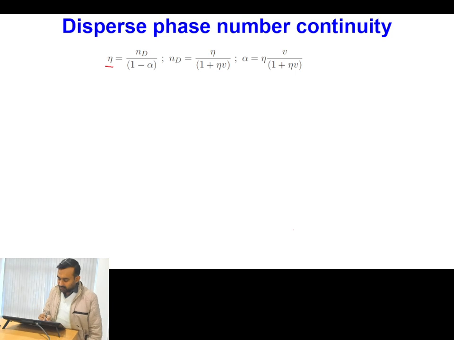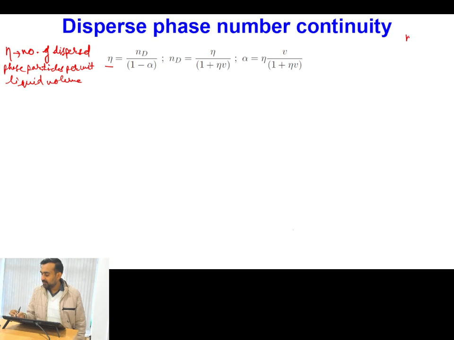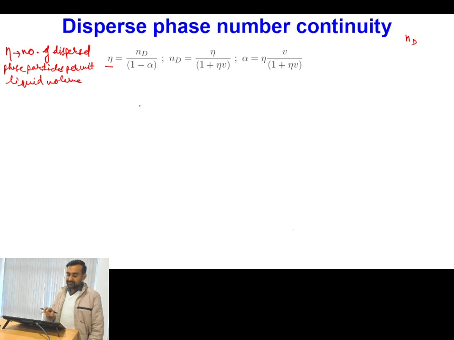Now there is another way of representing this dispersed phase continuity equation. What is eta? Eta is the number of dispersed phase particles per unit liquid volume. What was nd? nd was the number of dispersed phase particles per unit total volume, and eta is the number of dispersed phase particles per unit liquid volume.